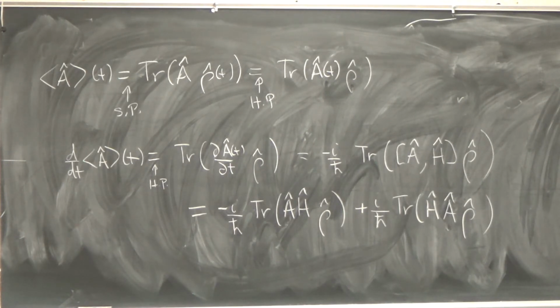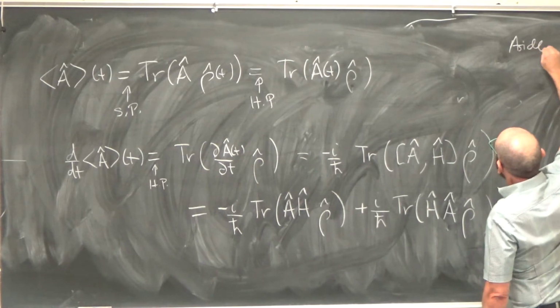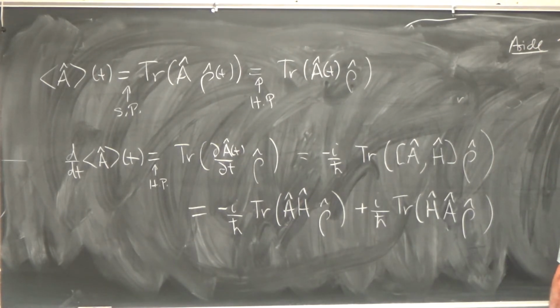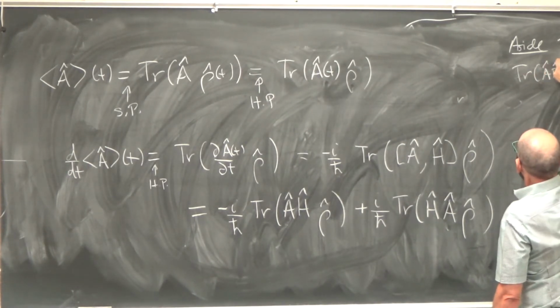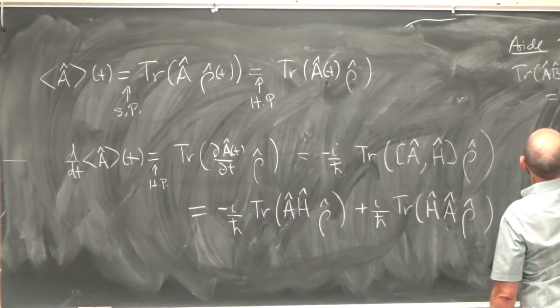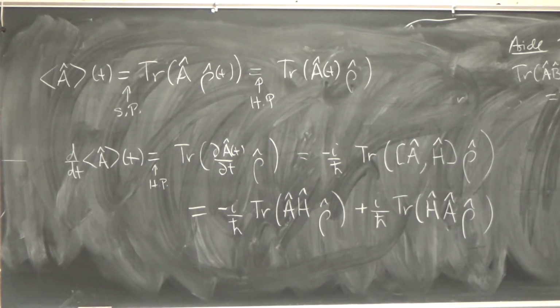Now, let's do a little aside over here. We have an important rule of trace that we will remind ourselves of. If I have three matrices, A, B, C, then I can permute them cyclically, and the trace is the same. If I do a cyclic permutation of those matrices, the trace is the same.